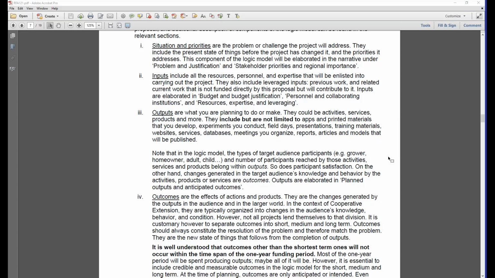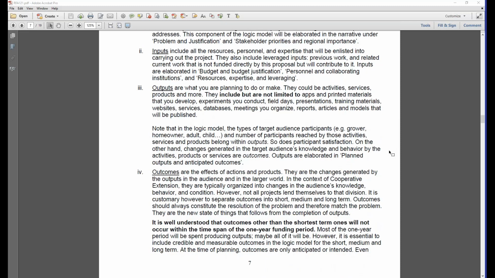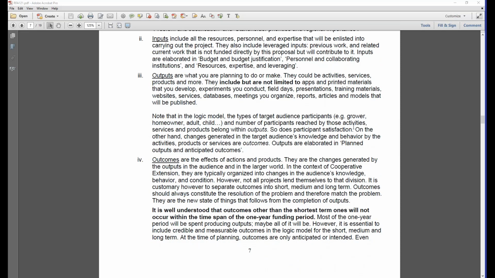What the panel is going to be looking for is a logical connection from the problem through the things you're going to do to the results those things are going to have, and eventually the resolution of the problem you defined at the beginning. The resolution of the problem is the outcomes, the result of the things you did, or the services you provided.